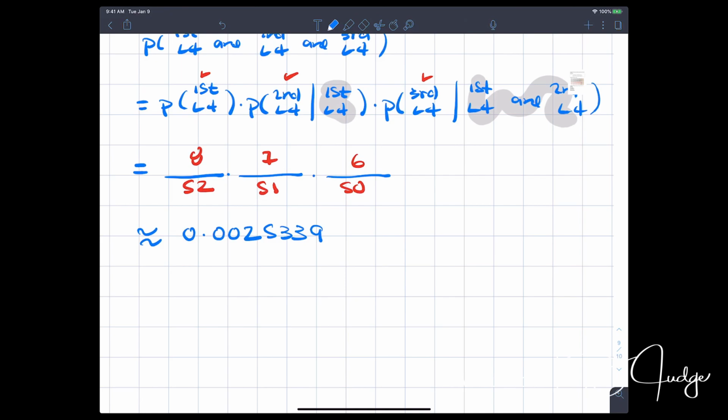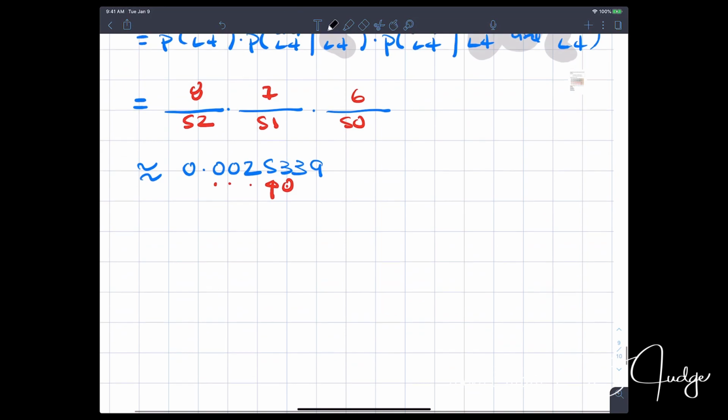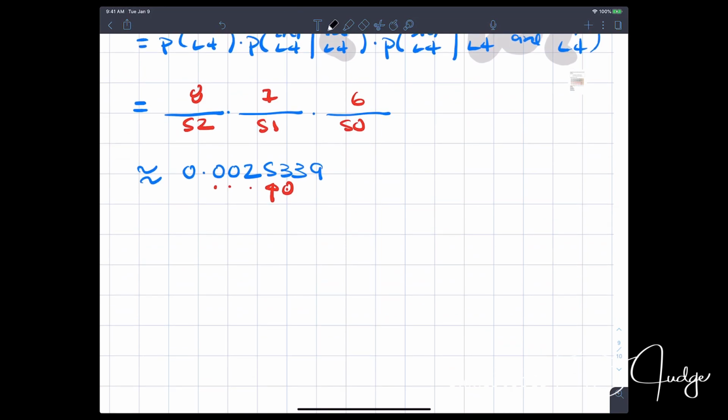Okay? So remember, we're going to approximate this to the nearest hundred-thousandth, and we look at the digit to the right. So our answer is going to be approximately 0.002. Now, what do we do with the 5?